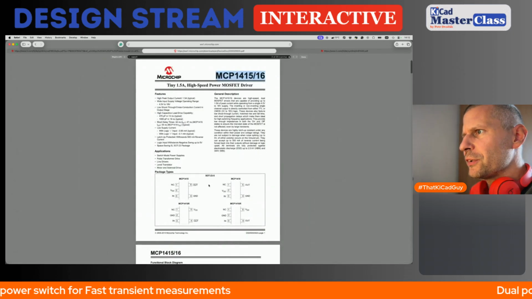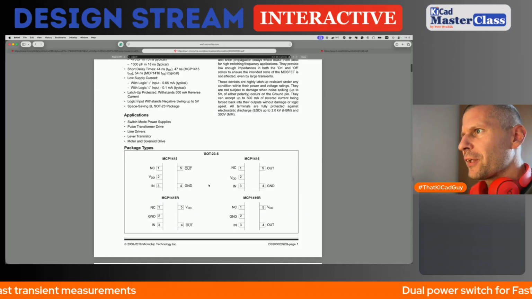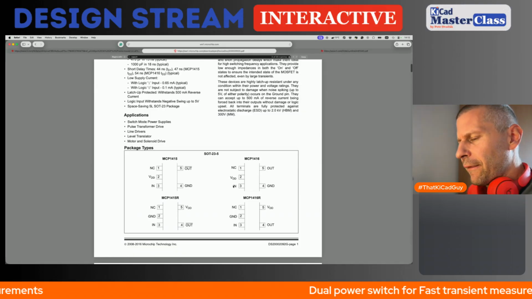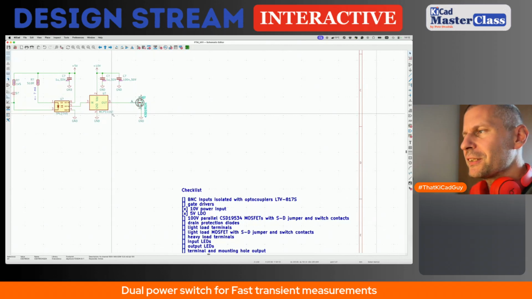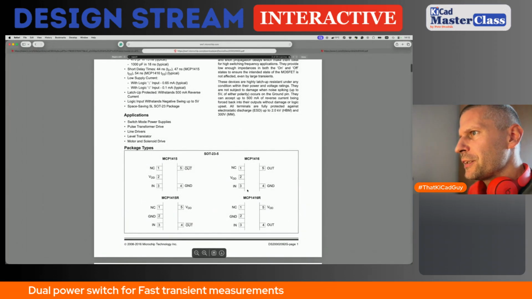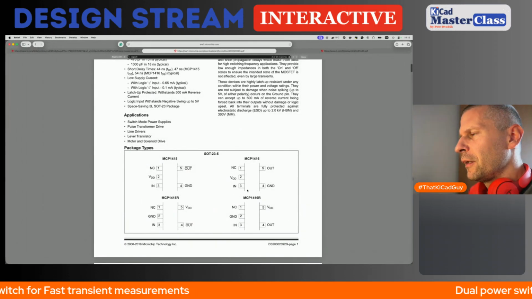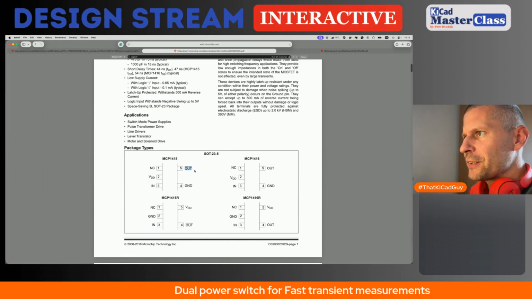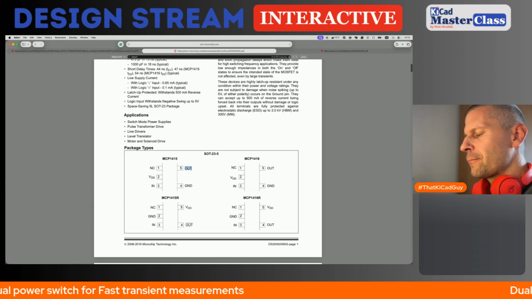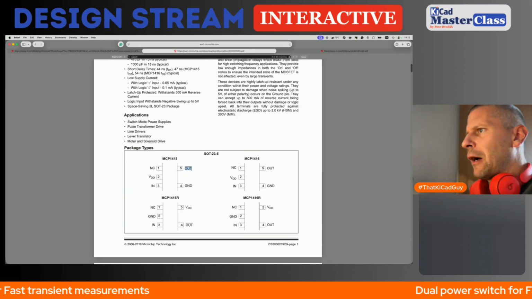Frankly, I don't know what the difference is between these two. I think I already used the 16. There are 4 versions. The 15 has the negative output.